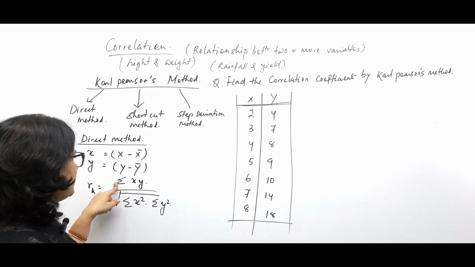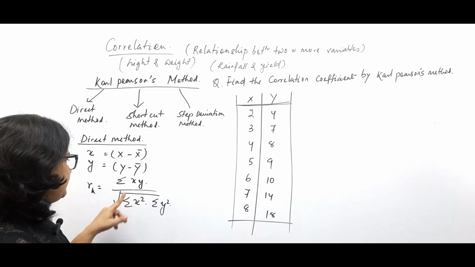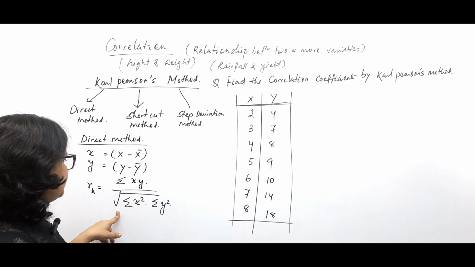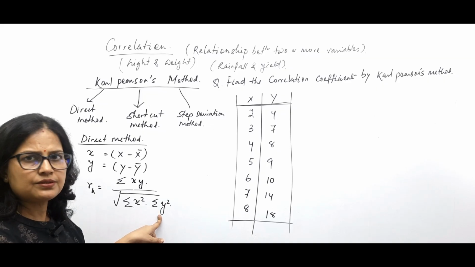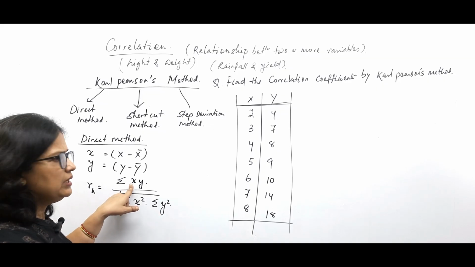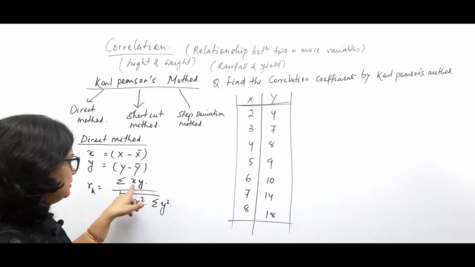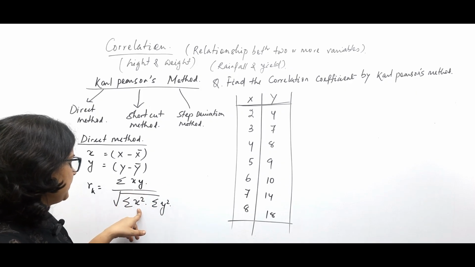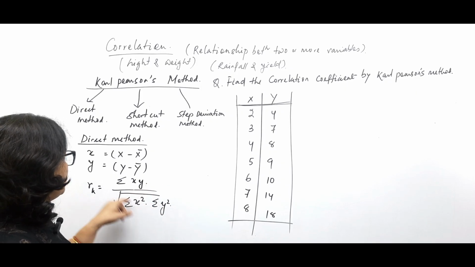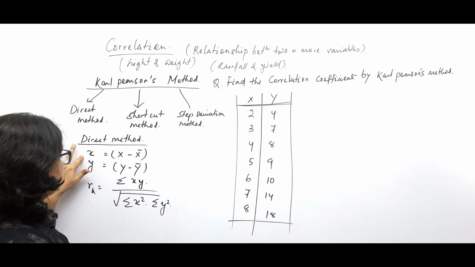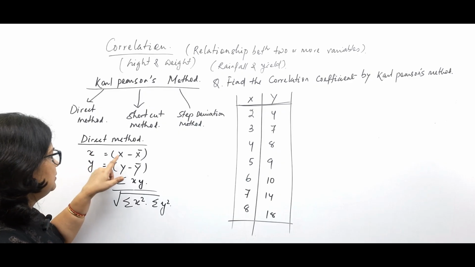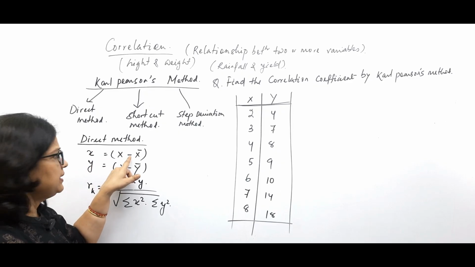RK equals sigma of xy divided by the root of sigma x square into sigma y square. What are x and y? I have taken small x and small y. For small x, or lowercase x, it equals the uppercase X minus x bar.